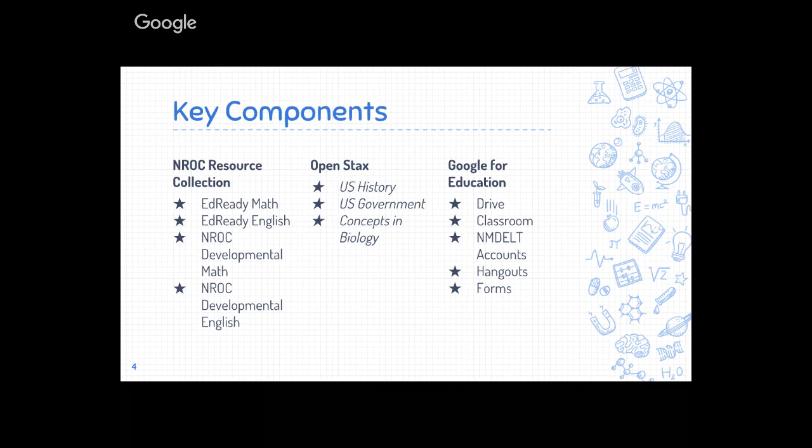We also use the U.S. government textbook from OpenStax. And then we use the concepts in biology textbook as well. And that we found to be pretty successful at developing students' reading skills, their note-taking skills, preparing them for a college level text, and also exposing them to that content area knowledge that they need for the exams.